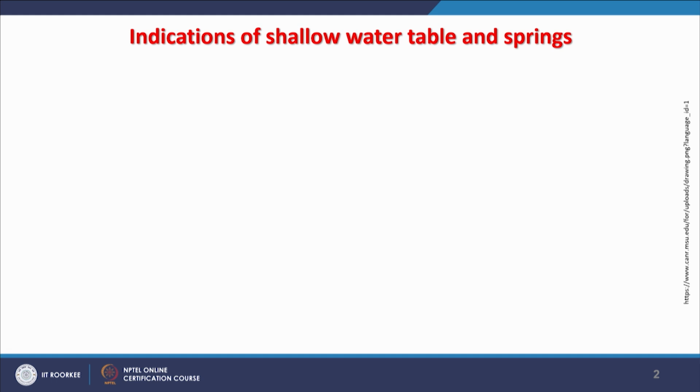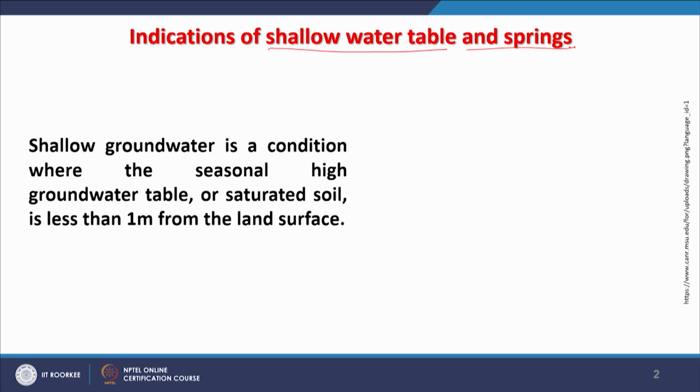So, the best thing is to exploit as much superficial information available on the ground as possible, and based on that, at certain locations the next step, geophysical exploration, can be done, and after that at certain locations test drilling may be done. So, the indications of shallow water table and springs are what we will focus on in the first part.